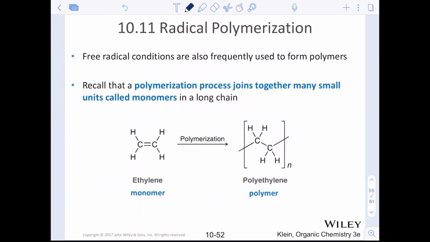Last one that we just want to talk about is polymerization. When we make multiple chains, this polymerization process joins together very small units. These units are usually called monomers, and they usually have an alkene. Now that alkene is initiated into a radical addition reaction, and that radical addition reaction can cascade and make more and more connections.